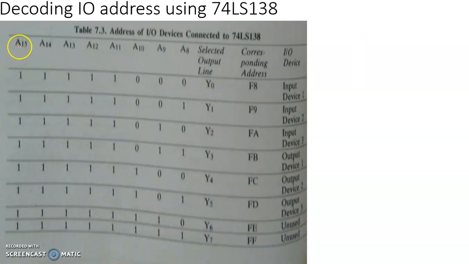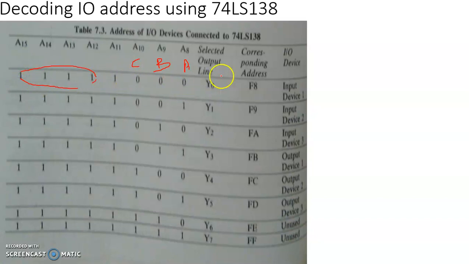We require A15 to A11. All these must be high, then only the decoder will be enabled. When the status A10, A9, A8 is given respectively to the pins C, B and A, that is pins 3, 2 and 1, then channel Y0 will be selected. The corresponding address generated is F8. This is F and this is 8.